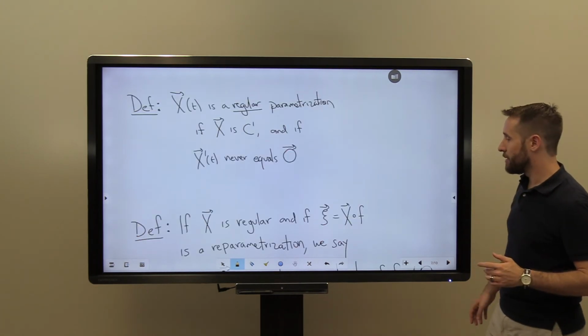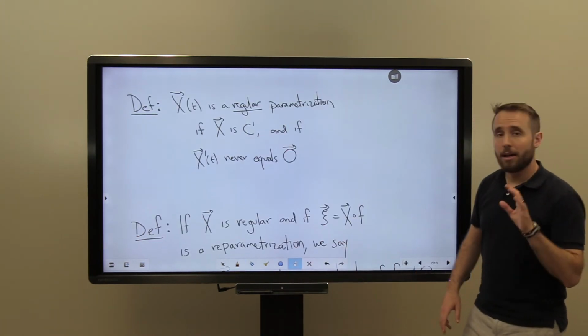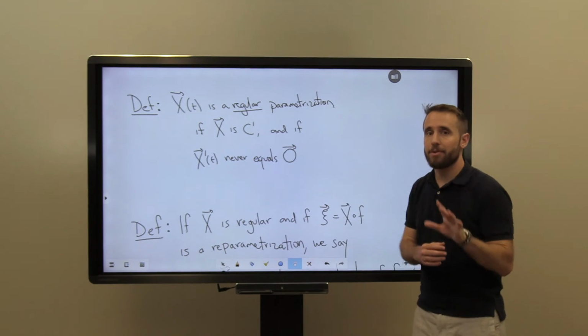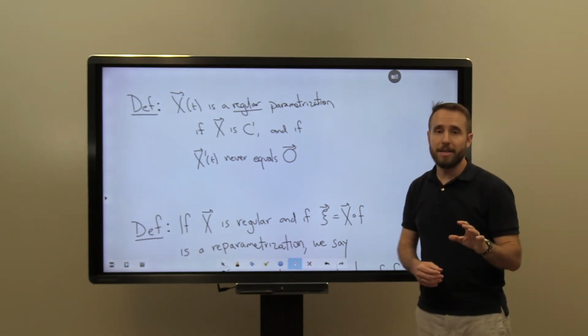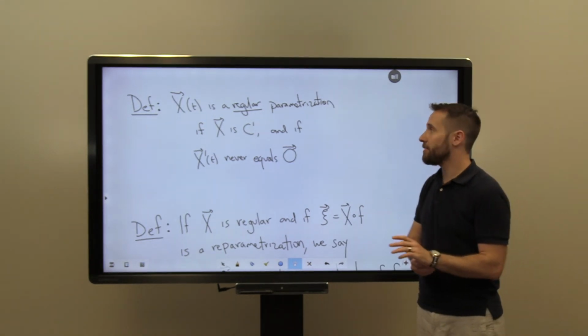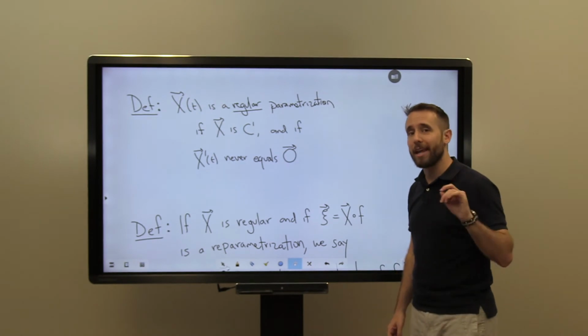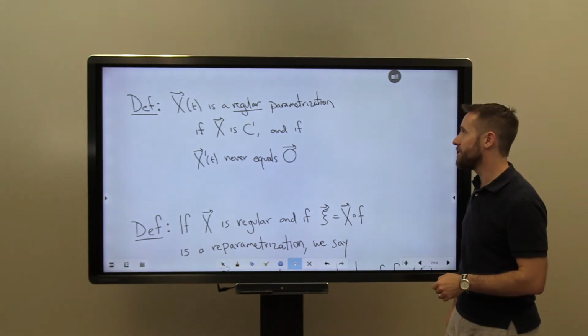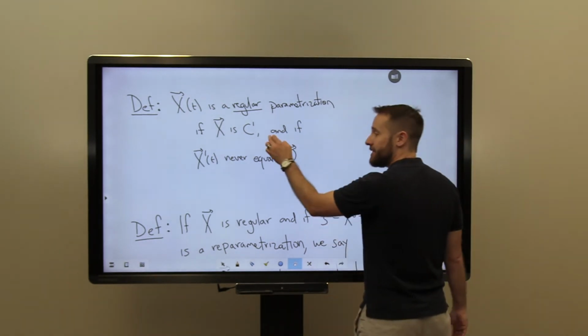So first of all, I want to talk about a parameterization whose speed is never equal to 0. Our capital X is called a regular parameterization if it is C1.